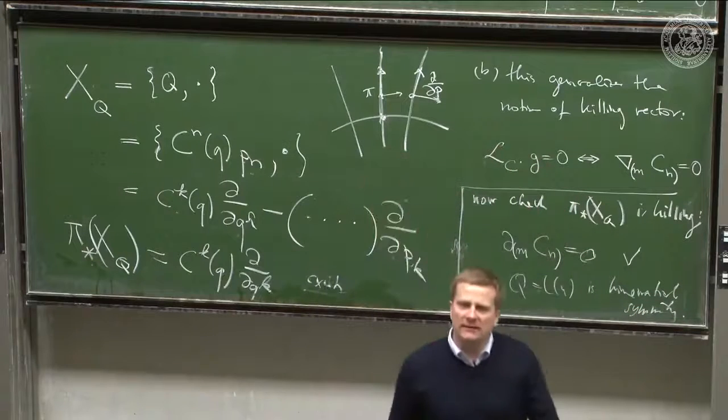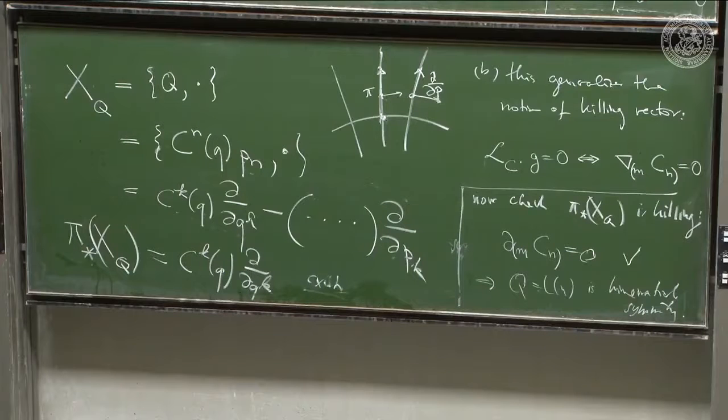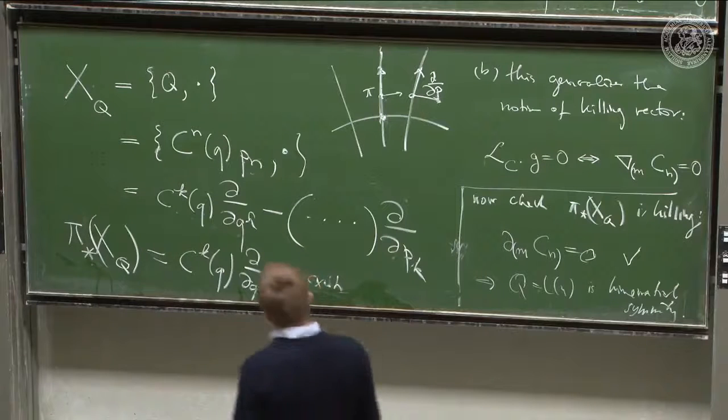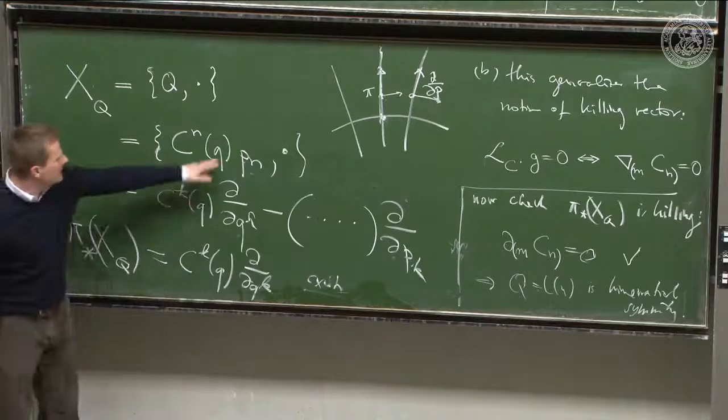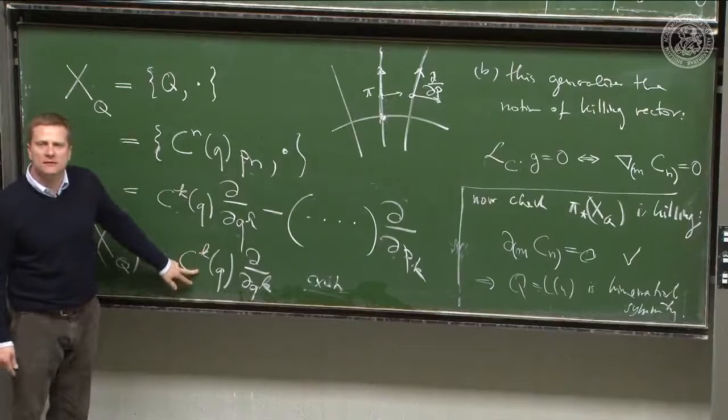And now you can look at the Lenz-Runge vector that I wrote down before, and you see it's P cross L plus something. But the L is the angular momentum, already has a P. So it's P cross Q cross P, bracket around the last two. You use two epsilons, you eliminate stuff, and you get something quadratic in P. You don't have a chance that the push forward is well defined because this will still depend quadratically.